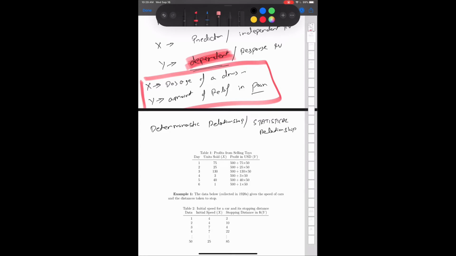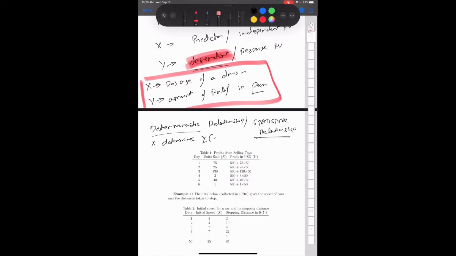What is the deterministic relationship? It means that x determines y. If you know x and you know the formula of how x and y are related, you know exactly what y is, right?